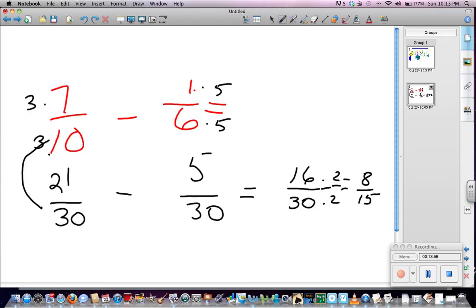I know that 15 is divisible by 3 because 5 plus 1 is 6, but 8 is not divisible by 3. 4 will work on 8, but it doesn't work on 15. 5 works on 15 and doesn't work on 8. 6 will not work because 2 and 3 did not work. And now I'm on 7. 7 doesn't work and 8 doesn't work. That means that there is not a number greater than 1 that goes into both.